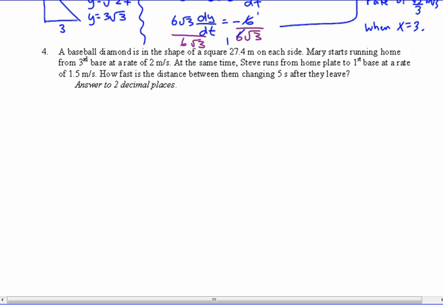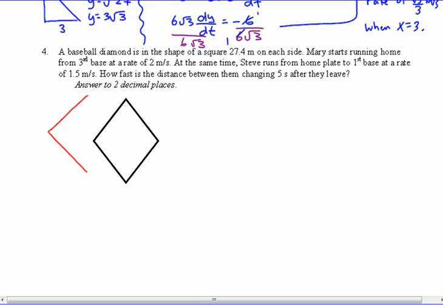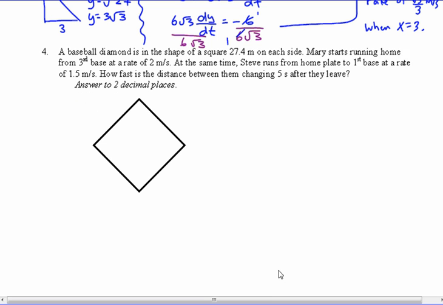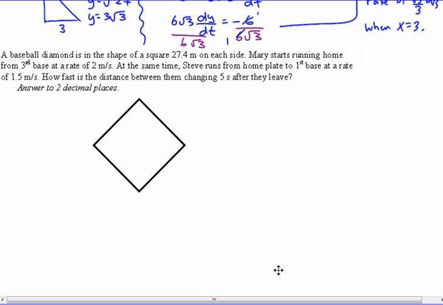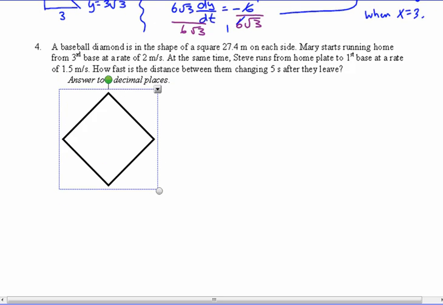Okay, a baseball diamond is in the shape of a square, right? Draw your diamonds. There you go.